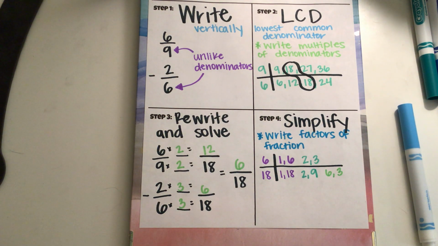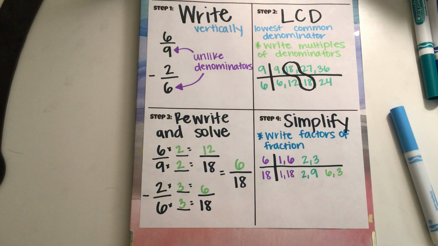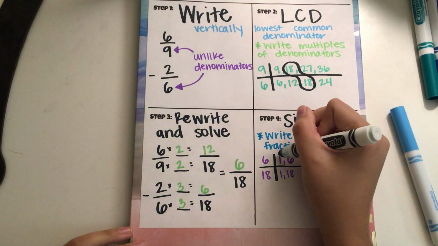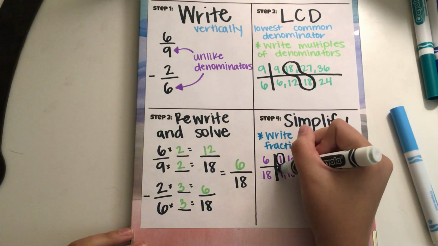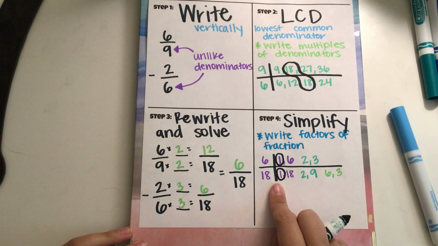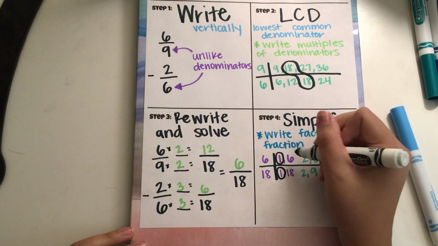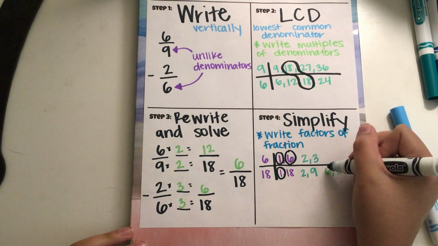So now I need to find the numbers that are common in both rows. So I'm going to go ahead and circle those. So I see that I have a 1 in both rows, but we learned yesterday that I'm not going to divide these by 1 because I would just end up getting the same answer. I also see that I have a 6 in both rows.